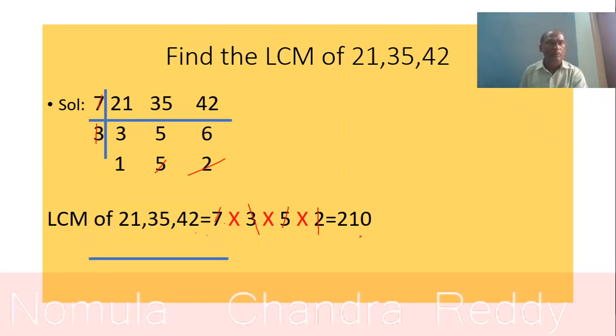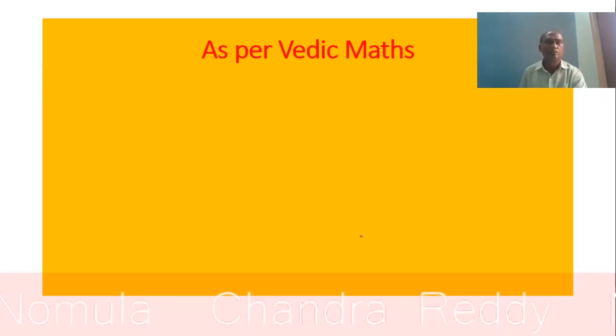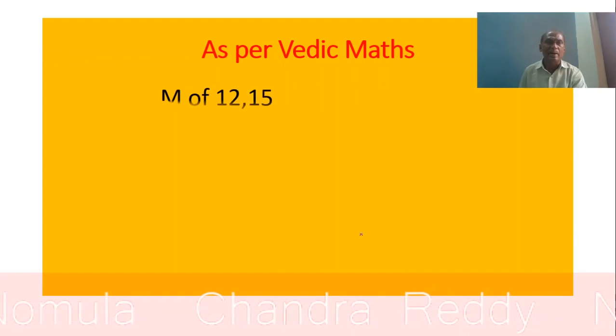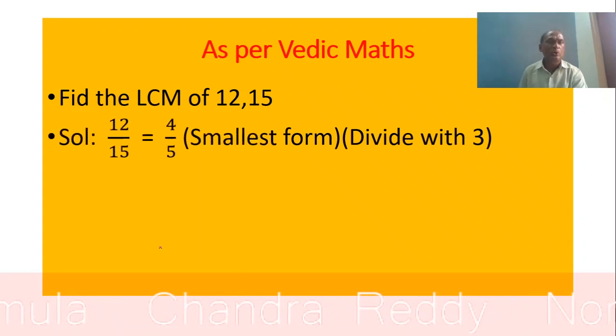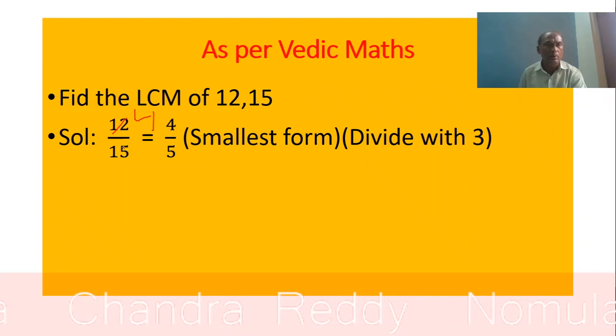Now next, another problem, as per Vedic maths. LCM of 12 comma 15. First of all, write down the fraction 12 by 15. 3 4s are 12, 3 5s are 15.